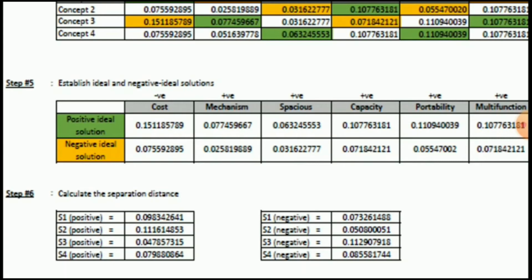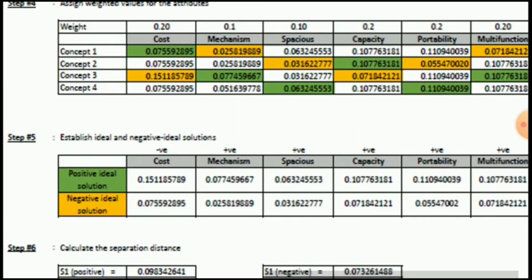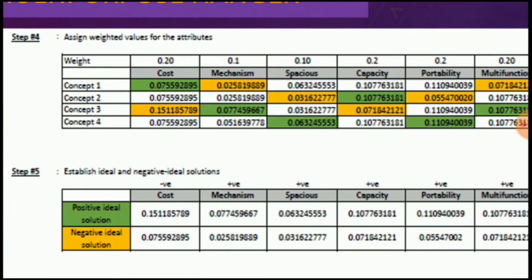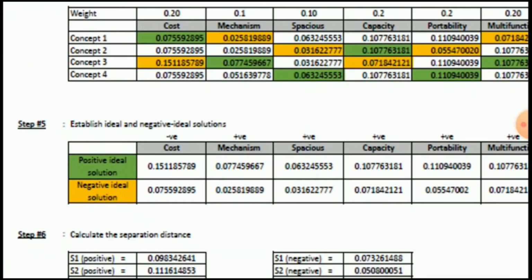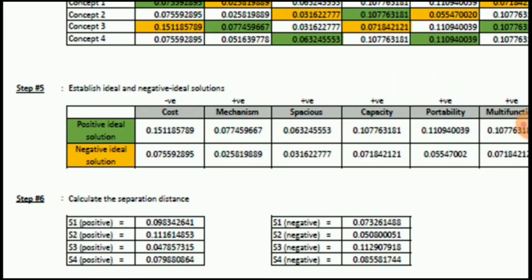So step number 5 has to be linked to step number 4. I have put in colors: green represents the positive ideal solution in step number 4, and amber represents the negative ideal solution. So putting in the values and tabulating them, we have step number 5, as easy as that.